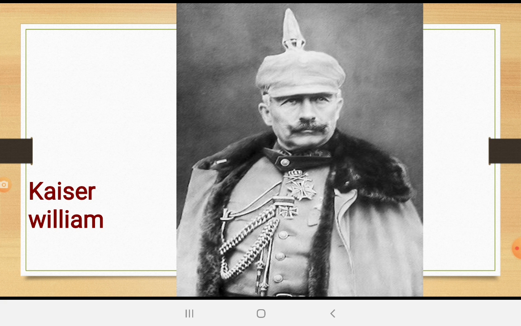Some of the causes of First World War are militarism or arms race, like competition in manufacturing weapons, extreme nationalism, lack of peaceful settlement, and absence of an international peacekeeping body. And the immediate one is the Sarajevo incident, the death of Franz Ferdinand, that marked immediately the beginning of First World War.